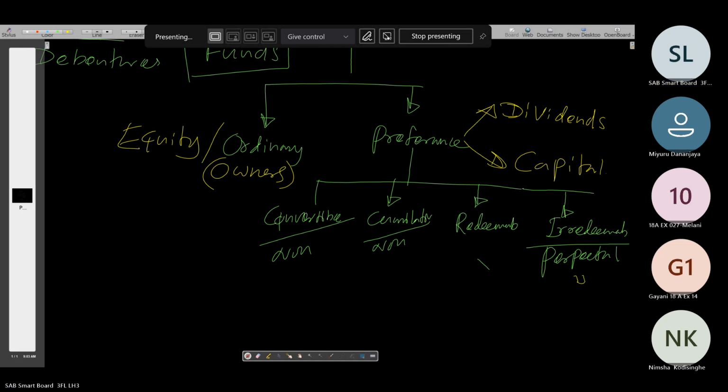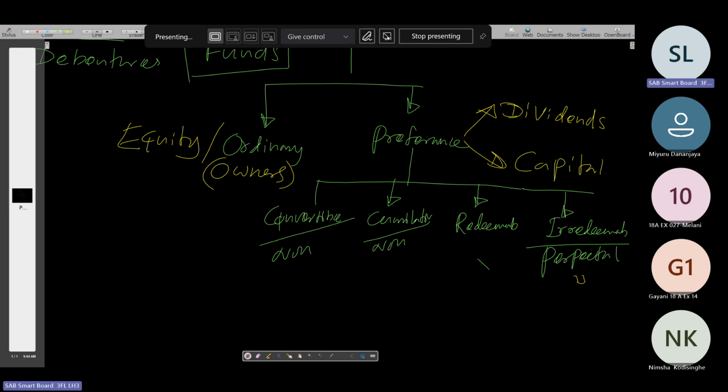If any amount remains in the company after settling these, it will be distributed among the ordinary shareholders.